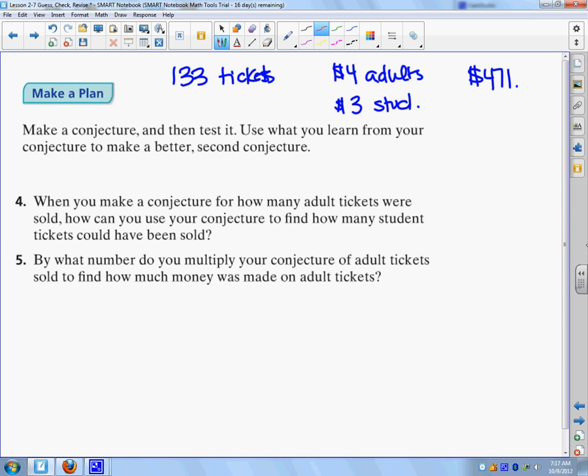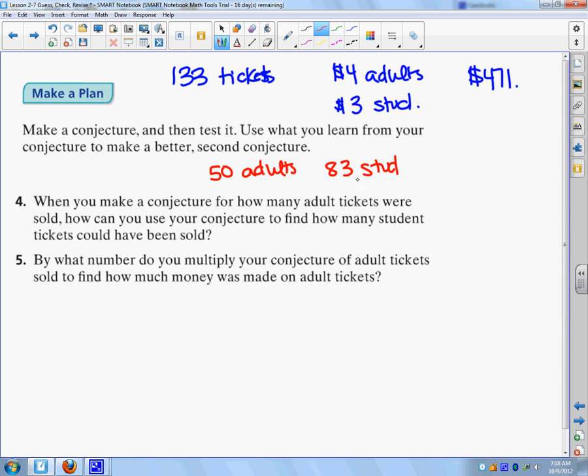All right, so on your paper, you made an educated guess. So let's say there were 20 adult tickets sold. No, let's do more than 20 because it's 133 tickets. So let's say 50 adults, and we'll say 83 students.